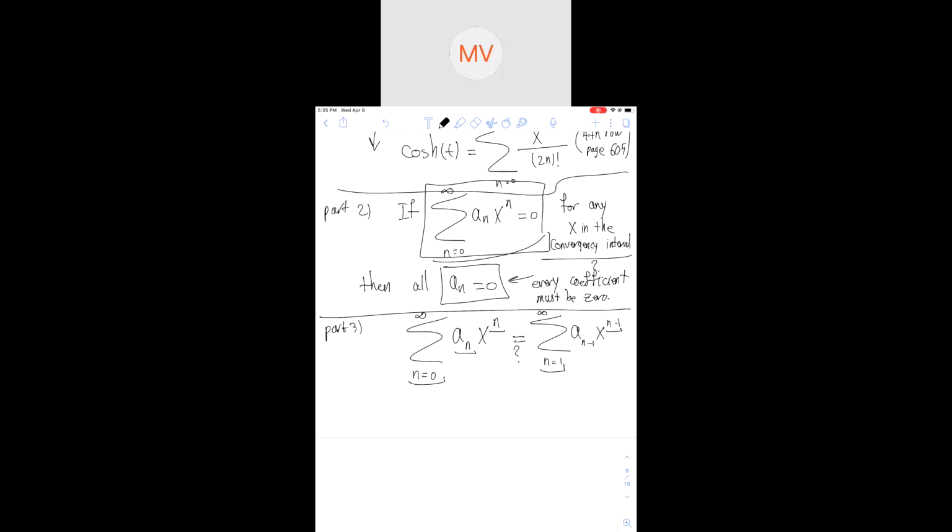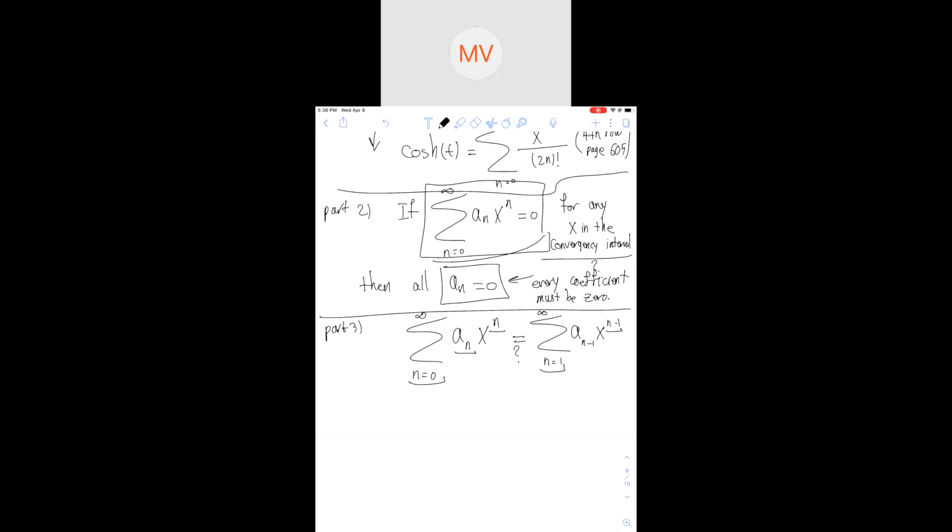Basically, if you expand them, do you get the same expression? Do you see what I'm asking? Basically, do these two series represent the same summation? The answer is yes.